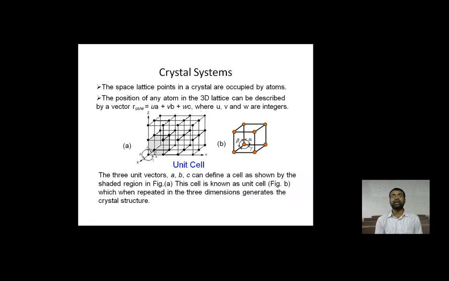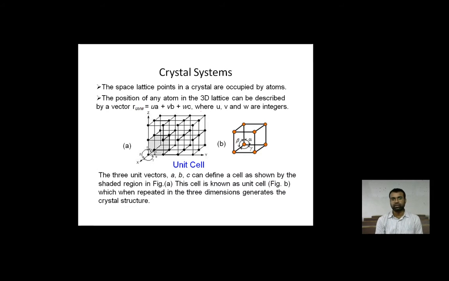So the space lattice points in a crystal are occupied by atoms. The position of any atom in the 3D lattice can be described by a vector, which is a mathematical representation.